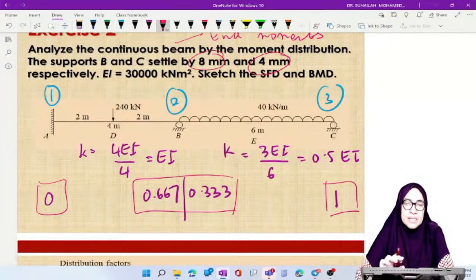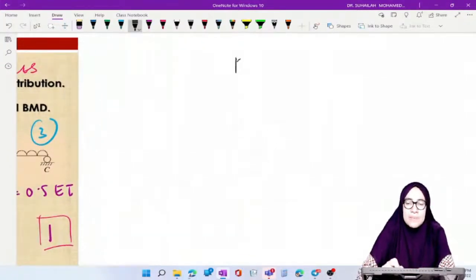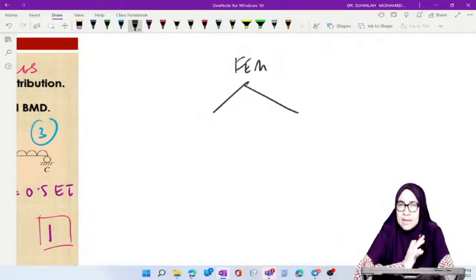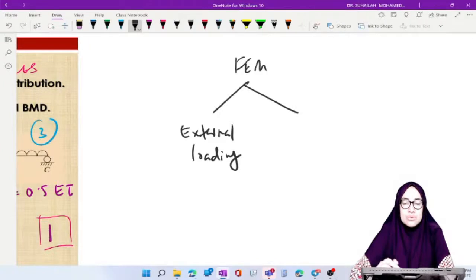In this case there are two FEM. The FEM can be divided into two conditions. Number one is due to external loading. Number two is due to delta, and delta for a beam refers to support settlement.